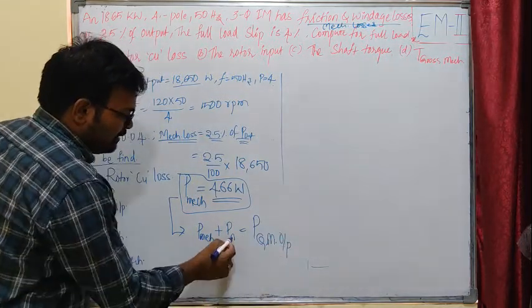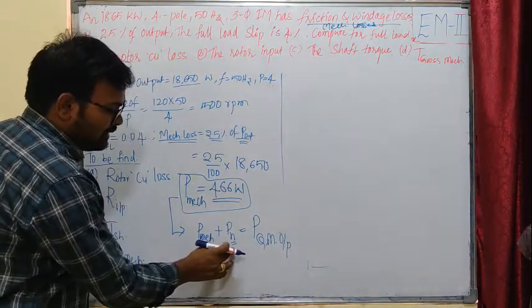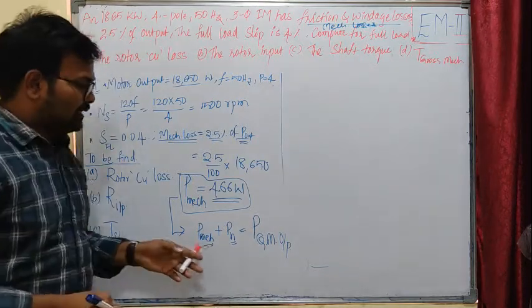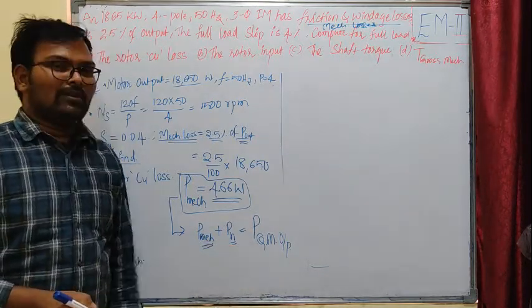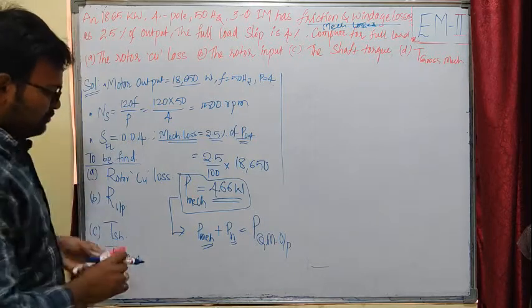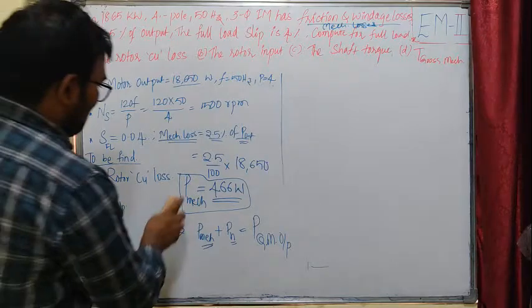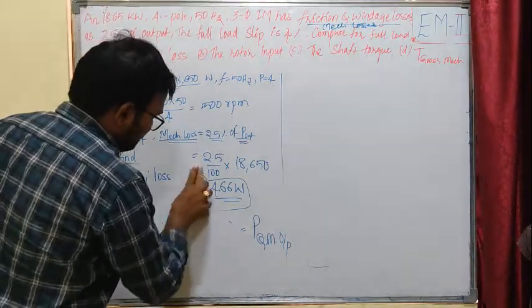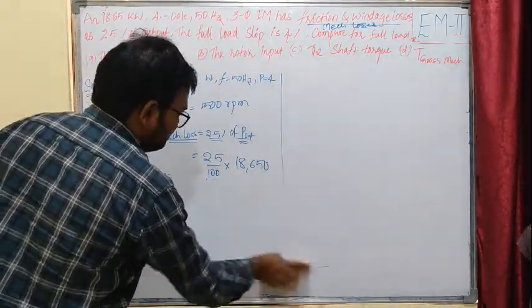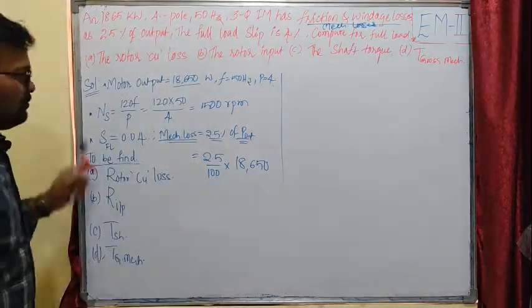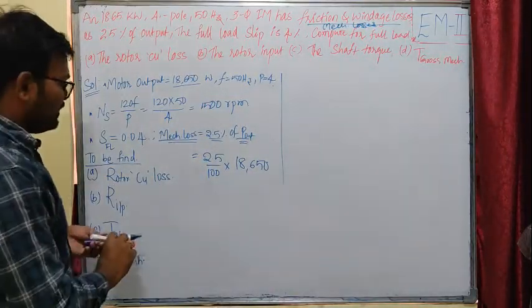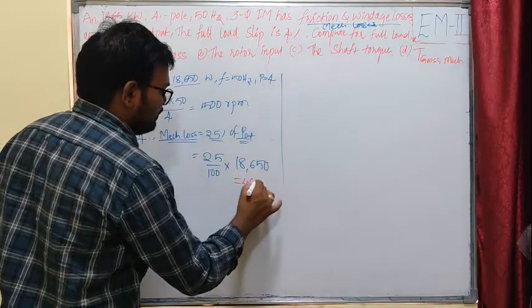That means the net mechanical power output plus our mechanical losses will equal the gross mechanical power output. Our mechanical losses are 466 watts here.